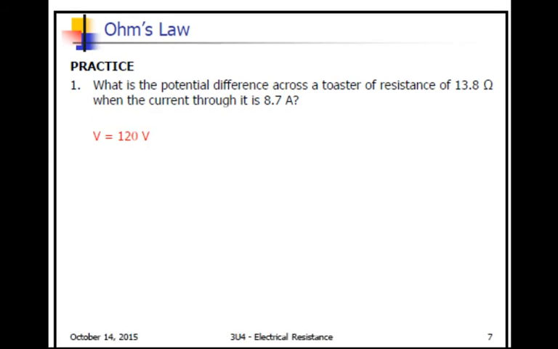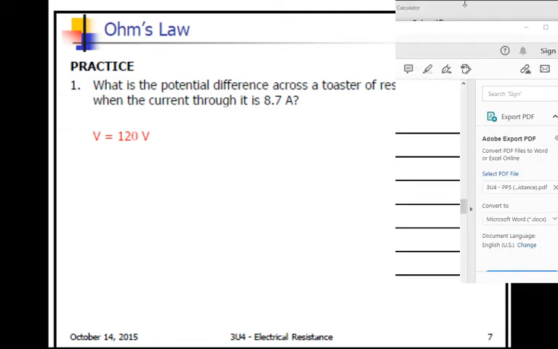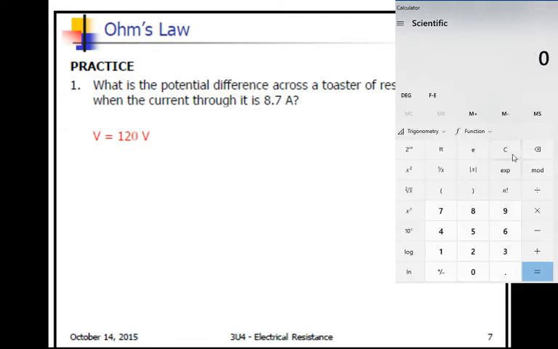So here's a simple question. What is the potential difference across a toaster with a resistance of 13.8 ohms and a current through it of 8.7 amps? We will solve this just with our calculator here.